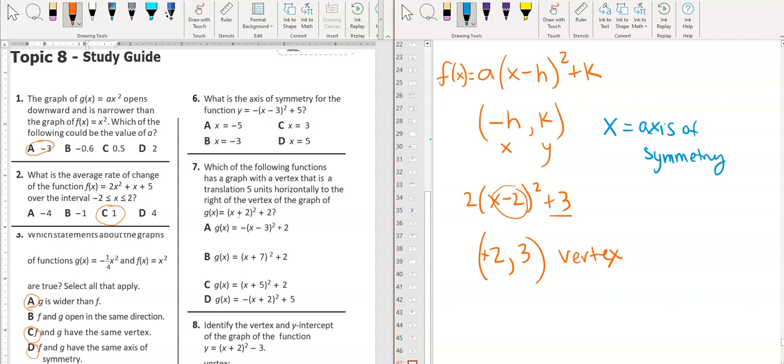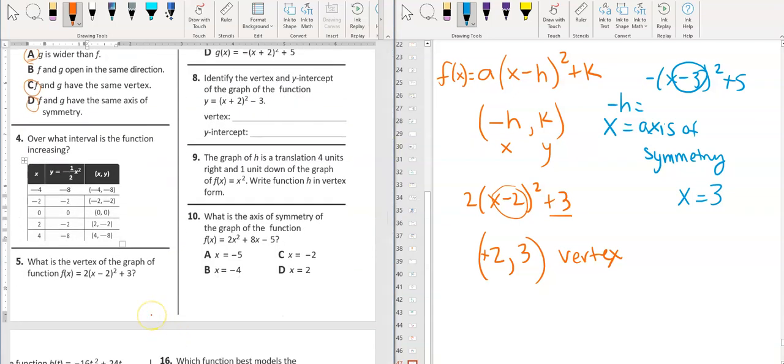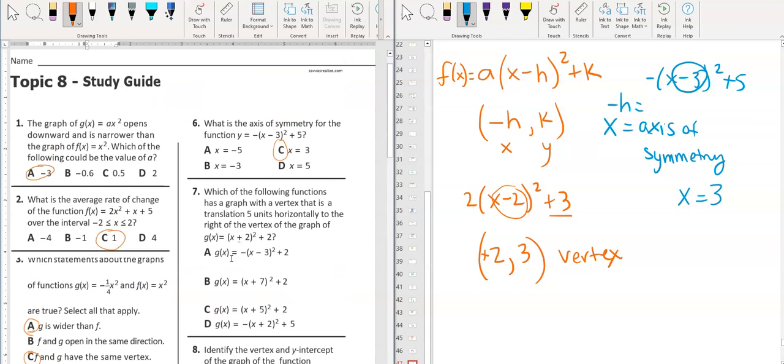So when we look at a formula such as -(x minus 3) squared plus 5, the opposite of h is our axis of symmetry. So I'm just looking here at the -3, and I know that my axis of symmetry is +3. So that's my answer there, and I don't think I wrote it down on this end. This guy was, what, 2, 3 was my vertex. There we go. That's it.